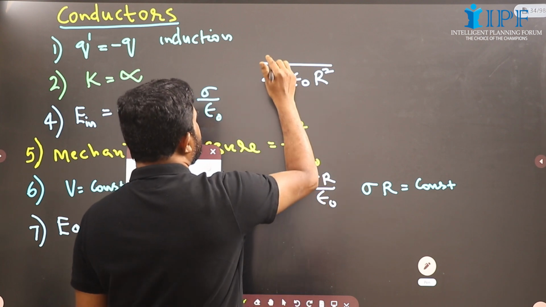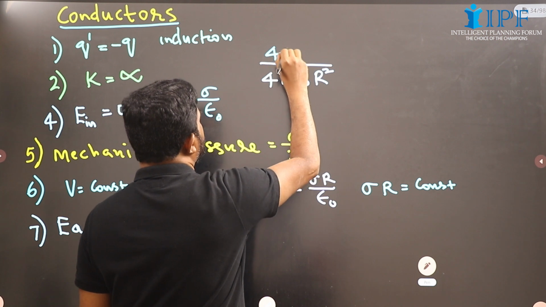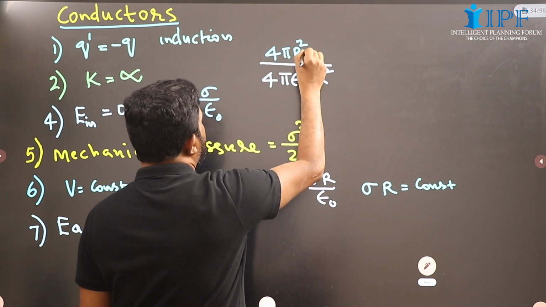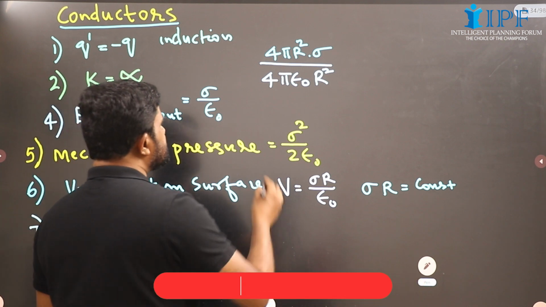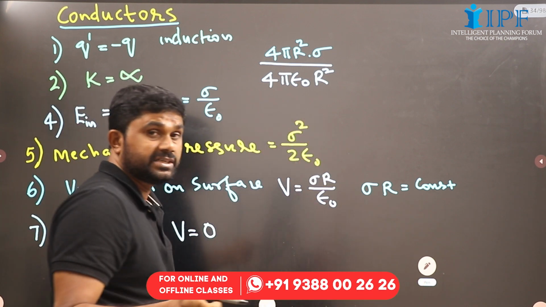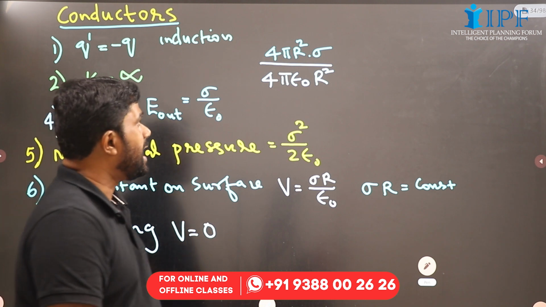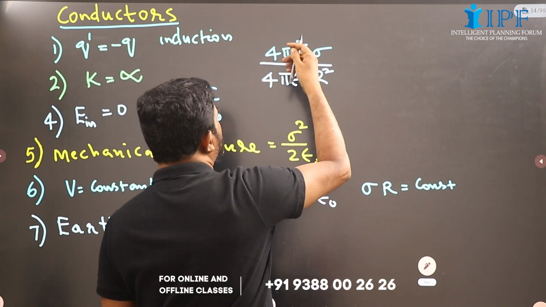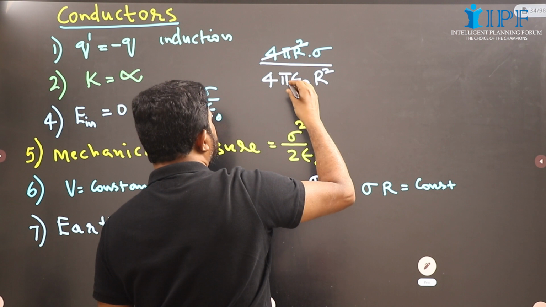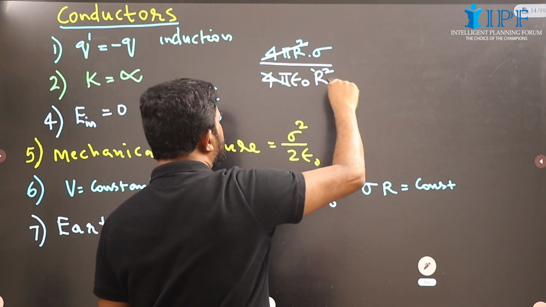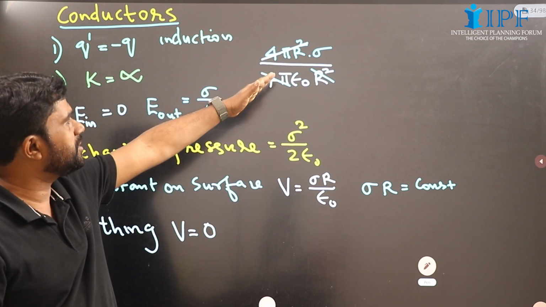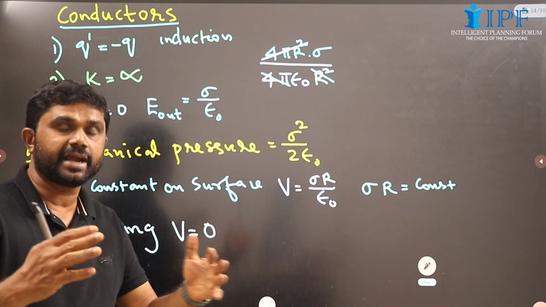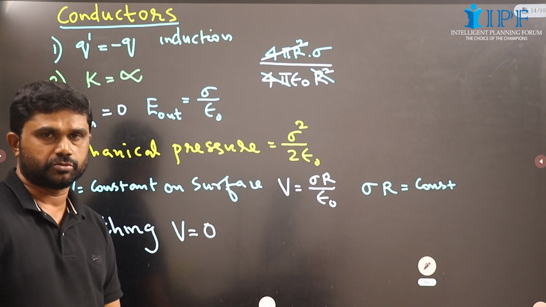Surface area will be 4 pi r square, and surface charge density is sigma. So this is the intensity of electric field just outside the conductor, and we have 4 pi r square in the numerator and also in the denominator. So finally what do we get? The intensity of electric field just outside a conductor will be sigma by epsilon 0.